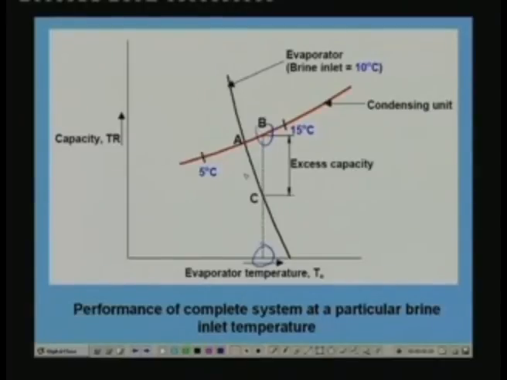Once the condenser temperature reduces, evaporator temperature also reduces, so the point moves in this direction. When it reaches this point, both the capacities are matched, and the system reaches a steady state. So this kind of very useful information can be obtained from the performance characteristics curve for the complete system.